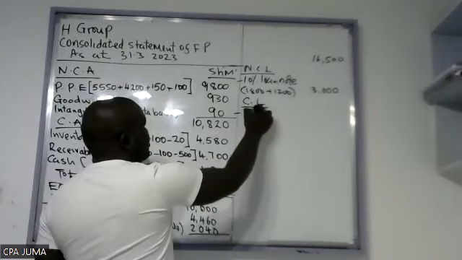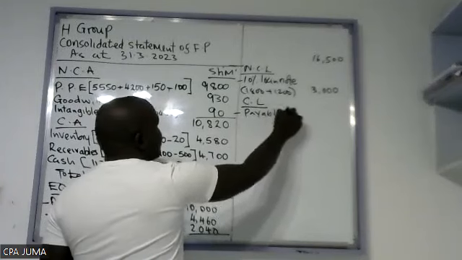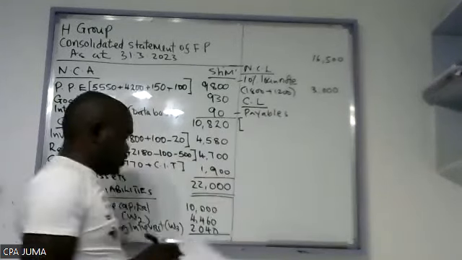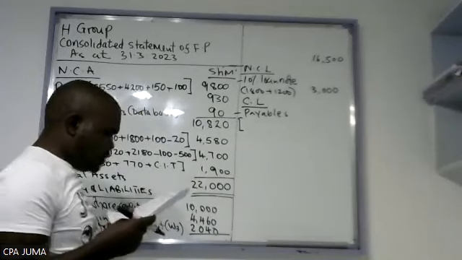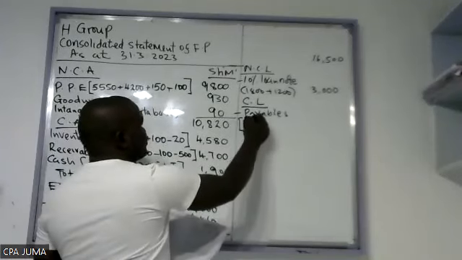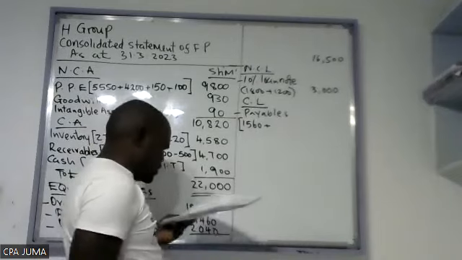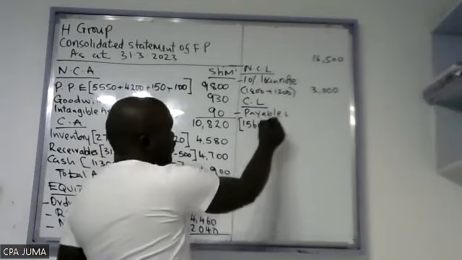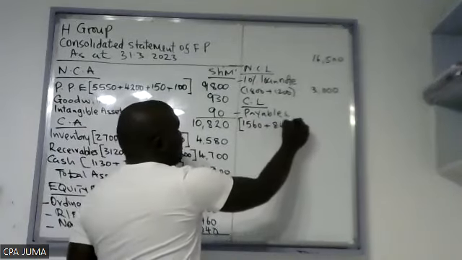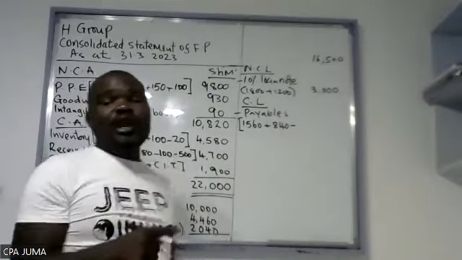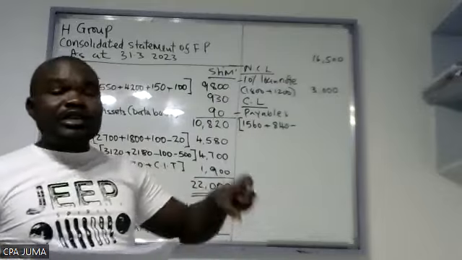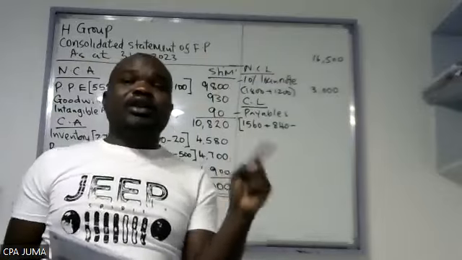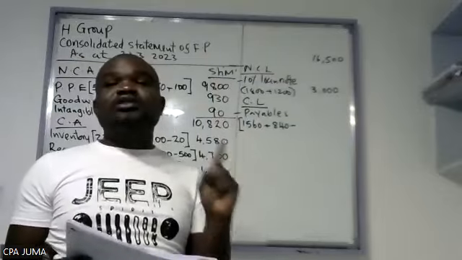Payables. So payables will be 1,560 plus 840, minus the intergroup debts. Intergroup debt total was 600, but of the 600, there was 100 due to goods in transit.